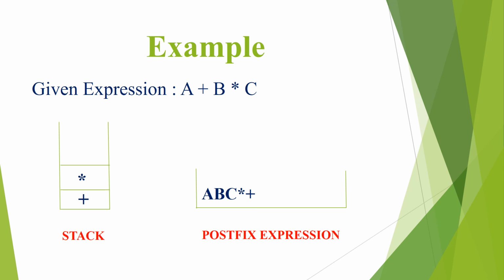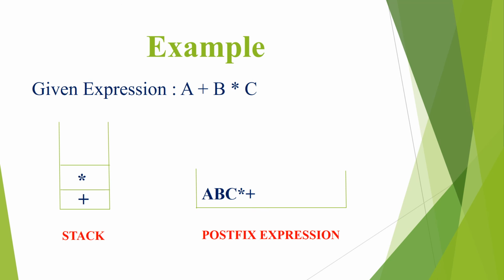Next character is c. c is an operand, so the operand c is added to the postfix expression. The reading of the given expression is completed. Now I am going to check whether the stack is empty or non-empty.